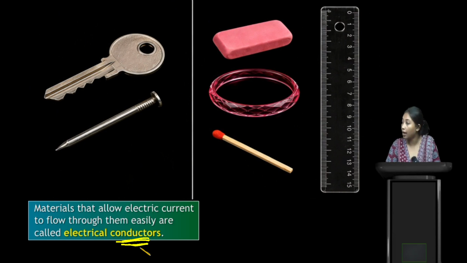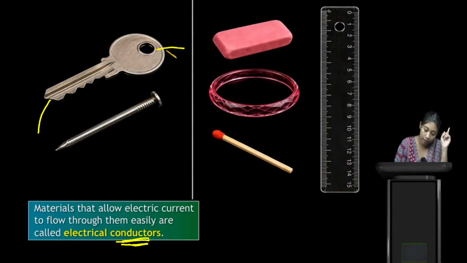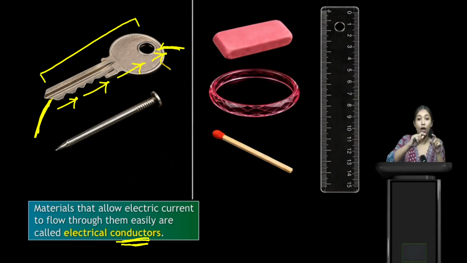Remember, when we use those two wires, through this key the electric current can pass, through this metal. Since it's made up of metal, this metal helps the current to pass from one side to another side.